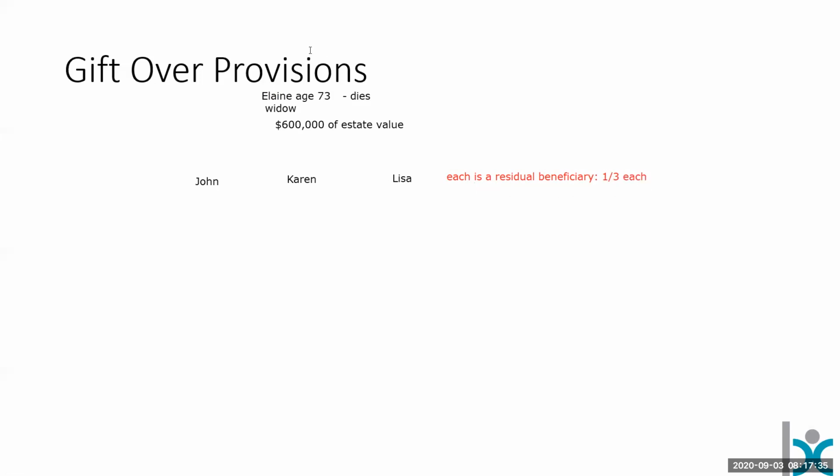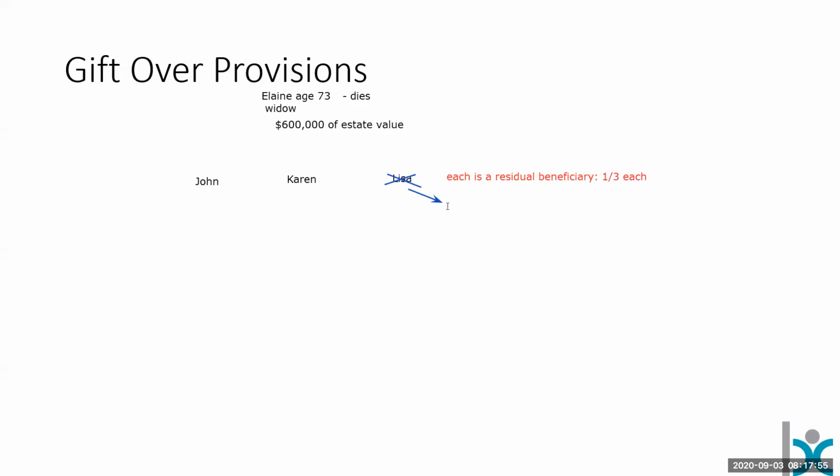However, Lisa has predeceased Elaine. So one of these tragic situations, your child dies before you do. Yeah, she had a will. That's the only real way that we're going to get a residual distribution like this.